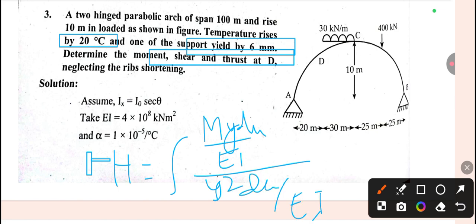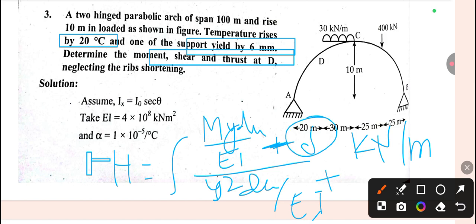Whenever yielding is given, we have to subtract this delta in the numerator part. Whenever the value is given in terms of kilonewton per meter, like a spring stiffness k, then instead of subtracting delta, we have to add it in the denominator part. So this is the only change.